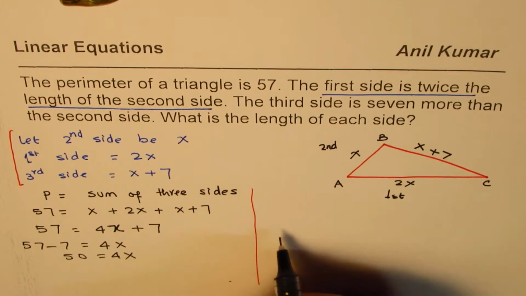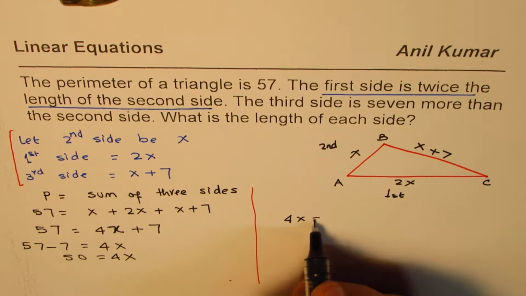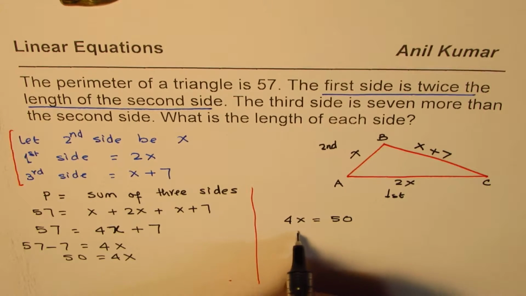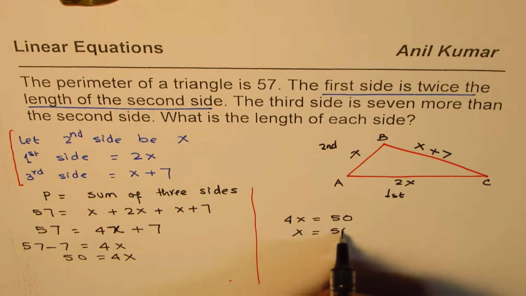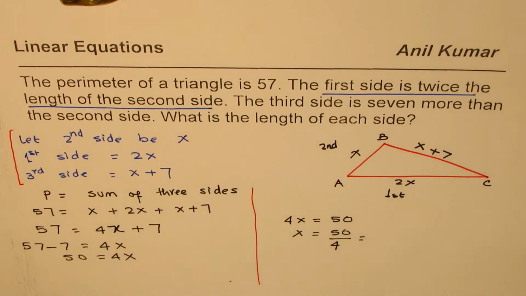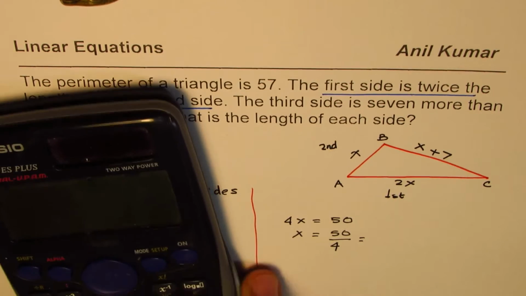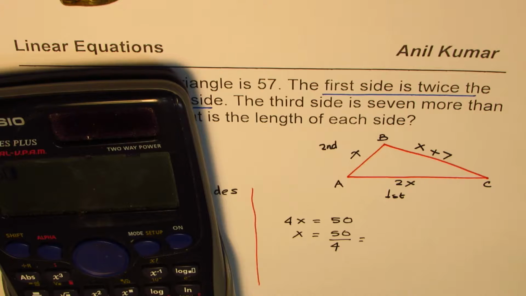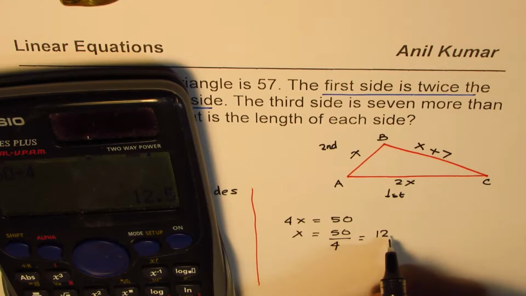So x is equal to 50 divided by 4. Now that's a decimal number, correct? Let's divide by 4 and write this as 12.5, correct?